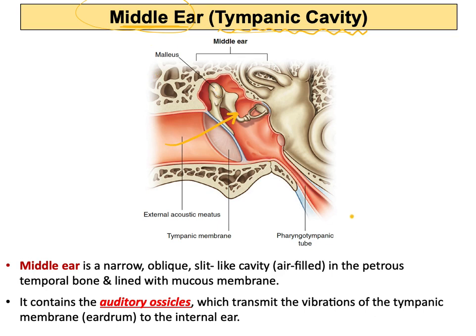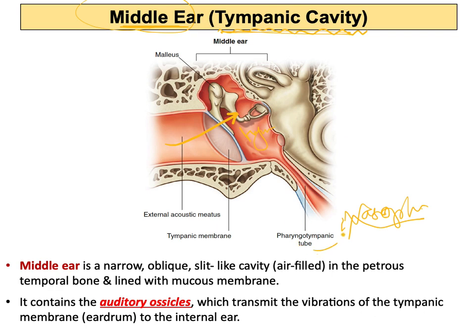The anterior door is connected with the nasopharynx. So this tube, we call it the pharyngotympanic tube because it connects the nasopharynx with the tympanic cavity.